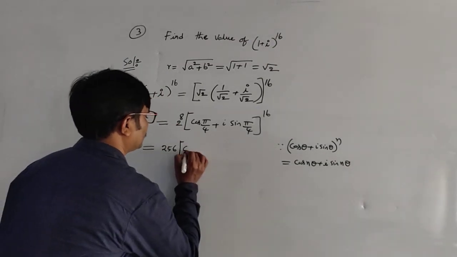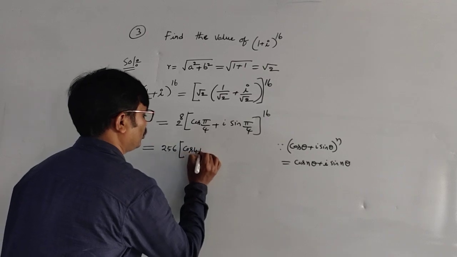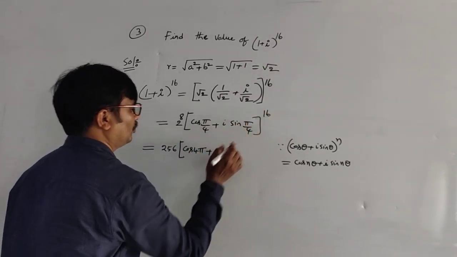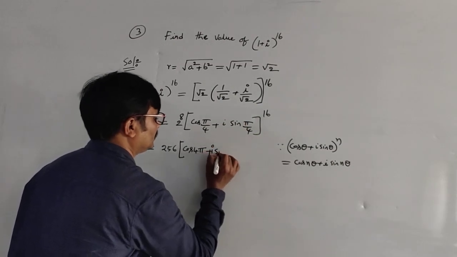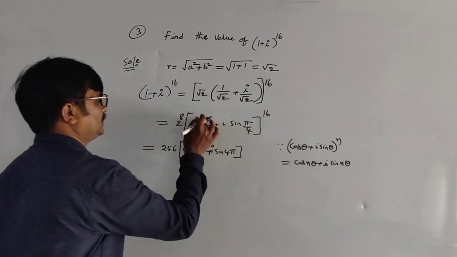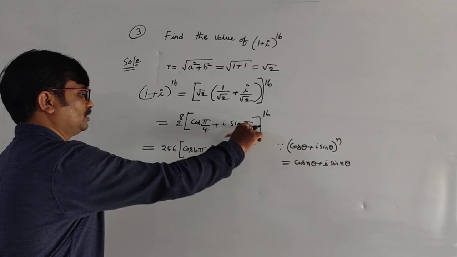This is cos of 16 pi by 4, which is 4 pi, plus I sin 16 pi by 4, that is I sin 4 pi. So 16 pi by 4 is the 4 pi.